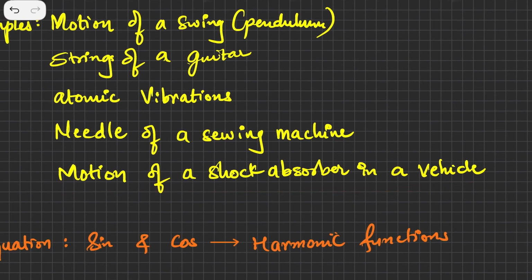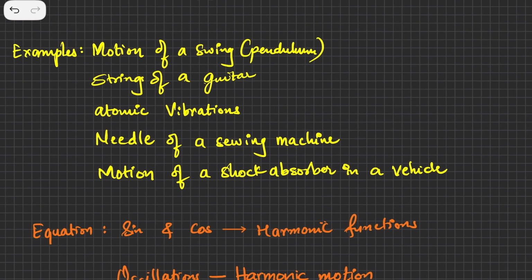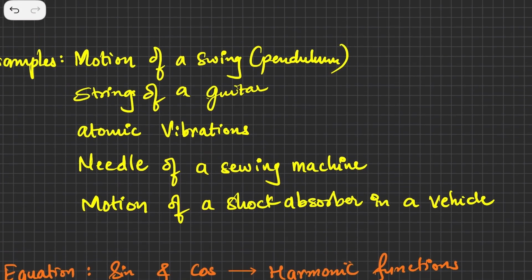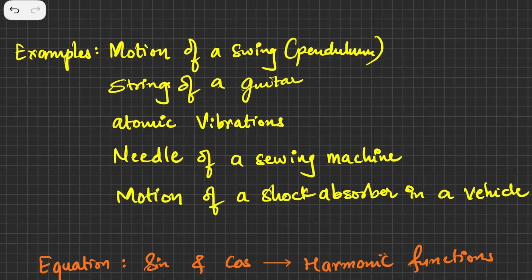As soon as shocks are experienced by a vehicle, the shock absorber, the springs in the wheels and the axles of the vehicle, keep going up and down, and this motion also comes under oscillatory motion. So these are certain examples in the real world where we experience oscillatory motion.